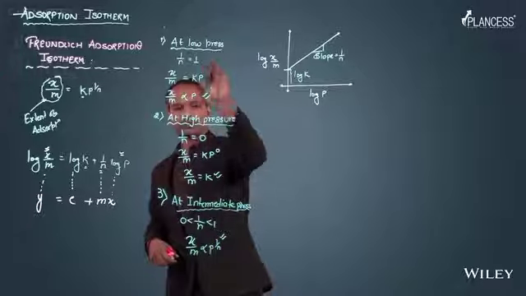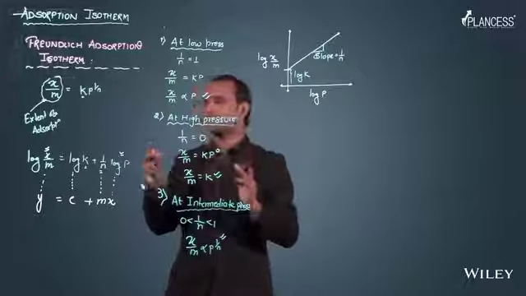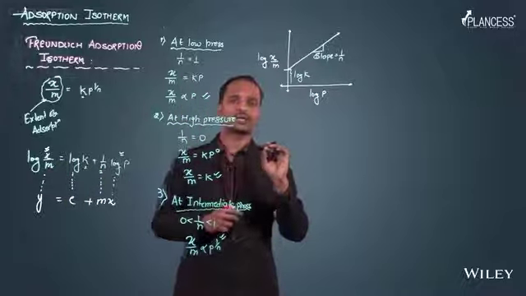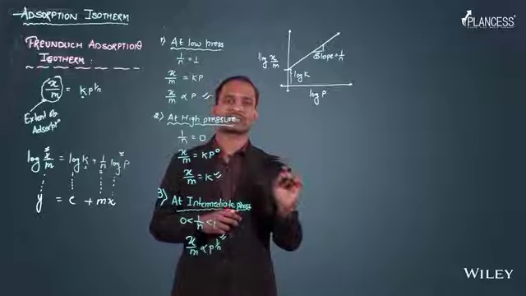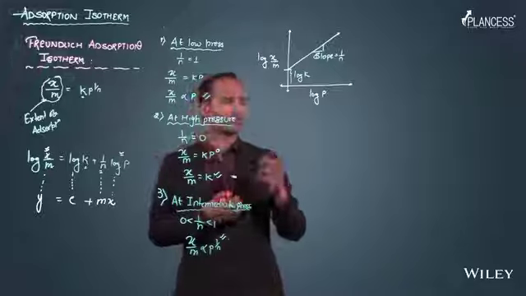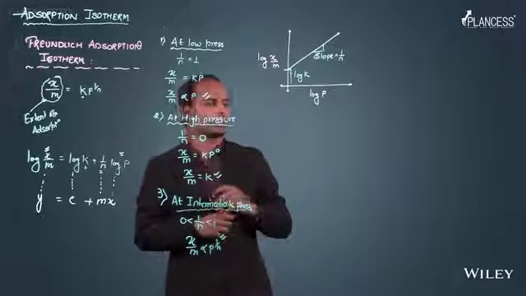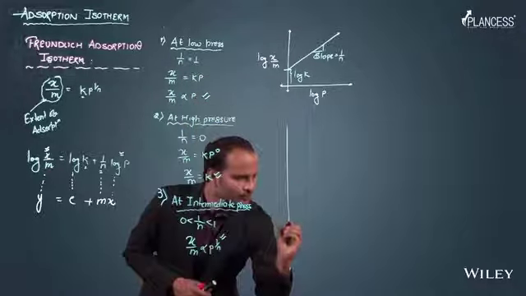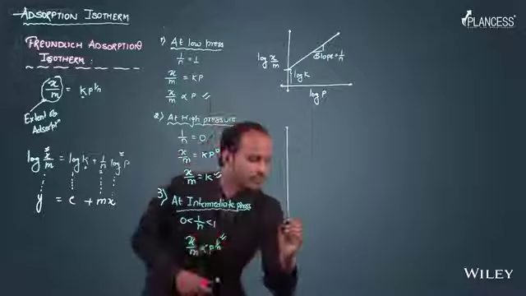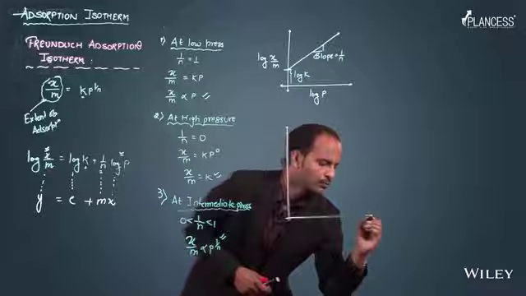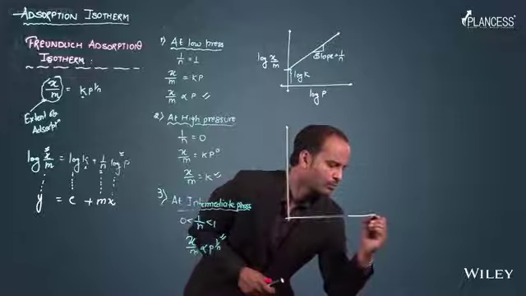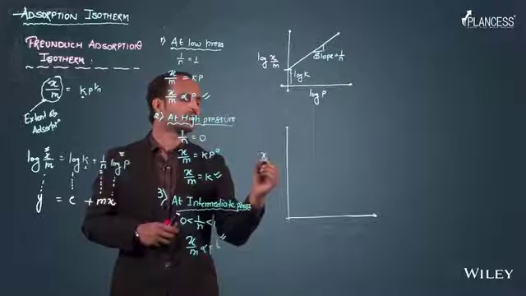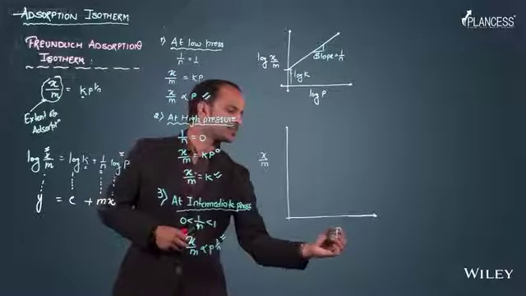Okay, now if I am plotting a graph of log of x upon m versus log of pressure, that is one case. If I am plotting a graph of extent of adsorption versus pressure only, that means there is no log. So if the graph is plotted, this is x upon m, that is the rate of adsorption, versus pressure.